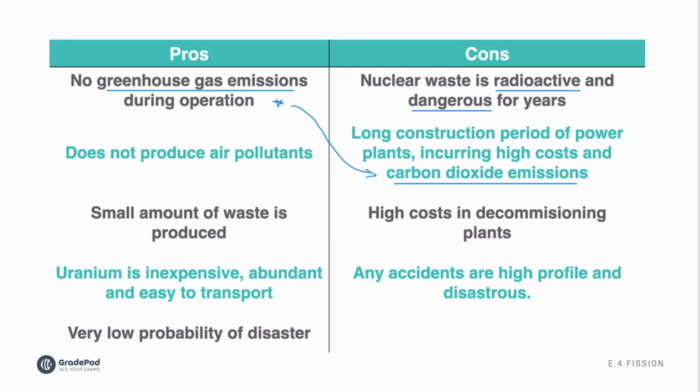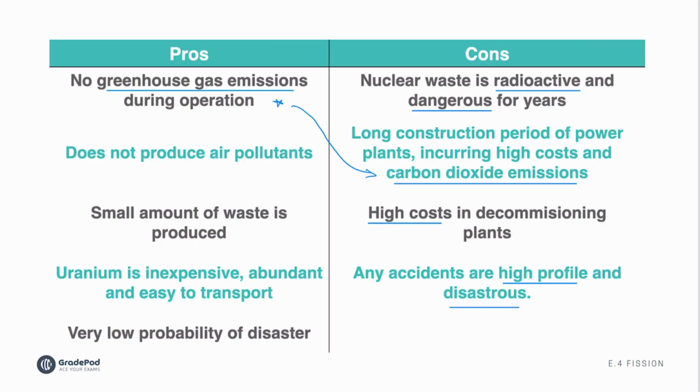And then we have to think about the end point of a nuclear power plant. To decommission. Decommissioning a power plant costs a lot of money. And you'll be aware that any accidents that are possible with a nuclear power plant are high profile and completely disastrous. I'm sure you've seen the Chernobyl documentaries, which has completely devastated that country and still talked about many, many years later.